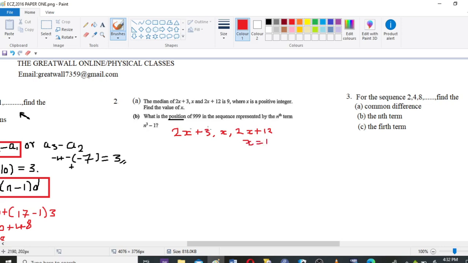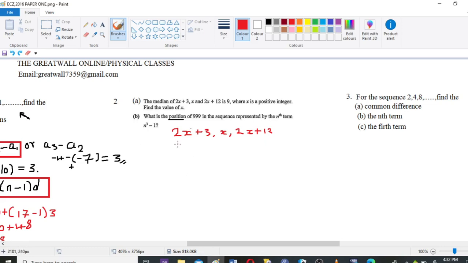It means if you substitute x with 1, you're going to have 5 here, right? Then if x is 1, you're going to have 1, and 2x plus 12 will give you 14, right? So you can see that these terms are not arranged in increasing order. So what you have to do first is to arrange them.